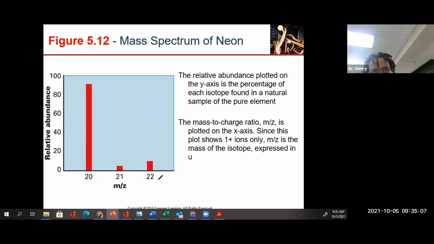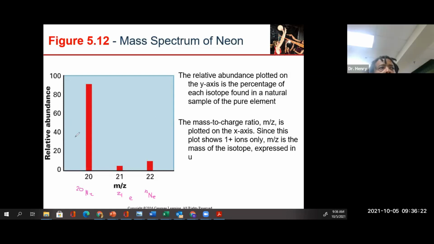These are the 3 isotopes of neon: neon-20, neon-21, and neon-22.